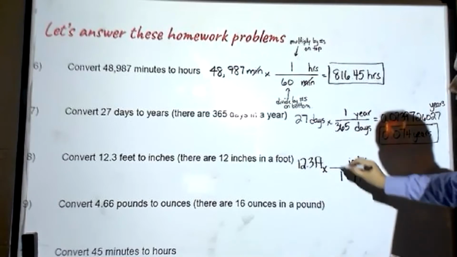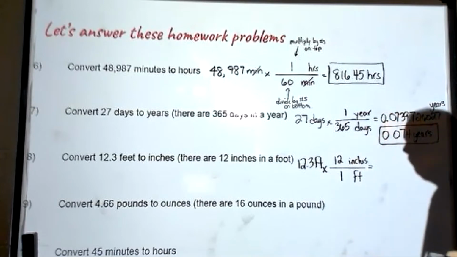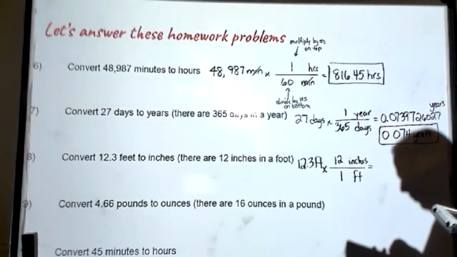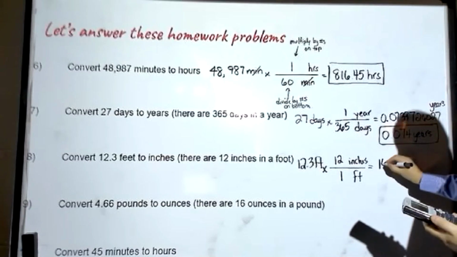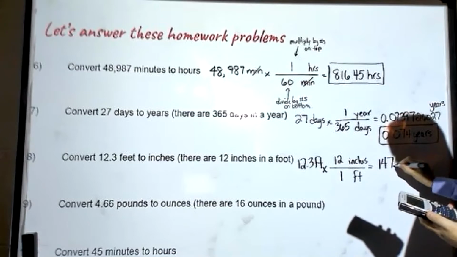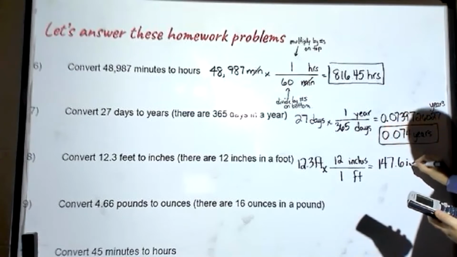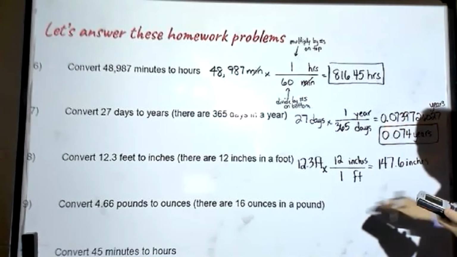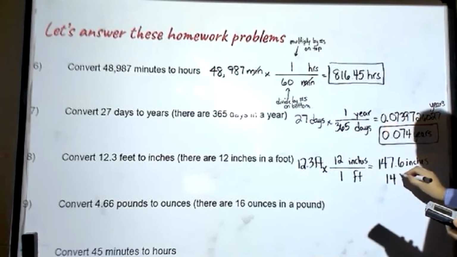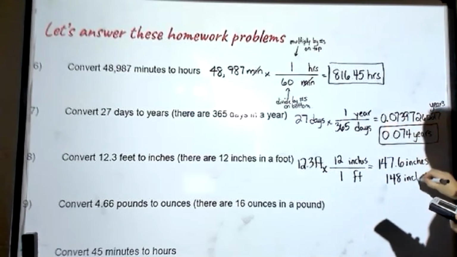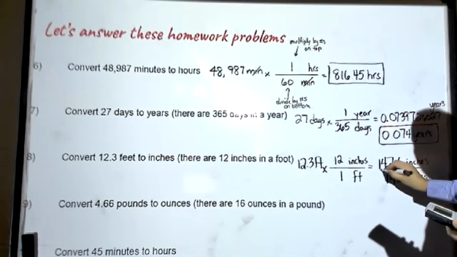Every 1 foot has 12 inches in it. So type that into the calculator. We wind up with an answer of 147.6 inches, but we're limited to 3 significant figures, so this will be 148 inches.